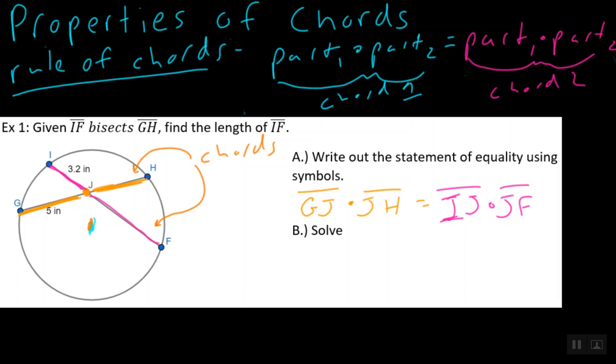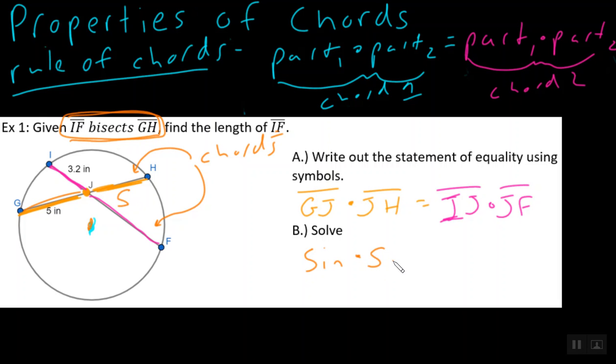Okay. Now what would this look like to put numbers to it? Well, I know that part 1 GJ is going to be 5 inches long times, and wait a second, we want to find IF. Let's see, IF. Oh, I'm sorry. It says given IF bisects GH, well guys, that means that JH must also be 5.